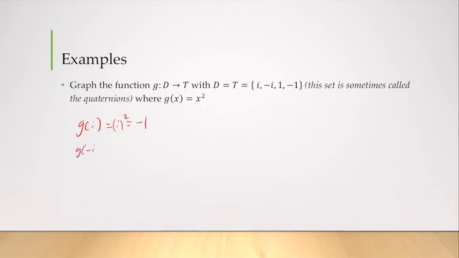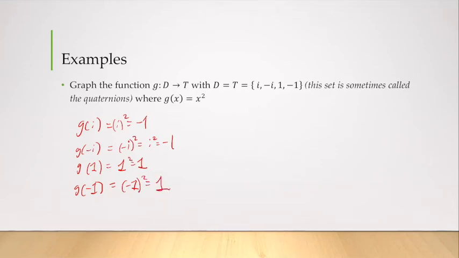If I have g of -i, that's -i squared, which is -1, because two negatives make a positive. If I have g of 1, that gives me 1. And if I have g of -1, that gives me +1.